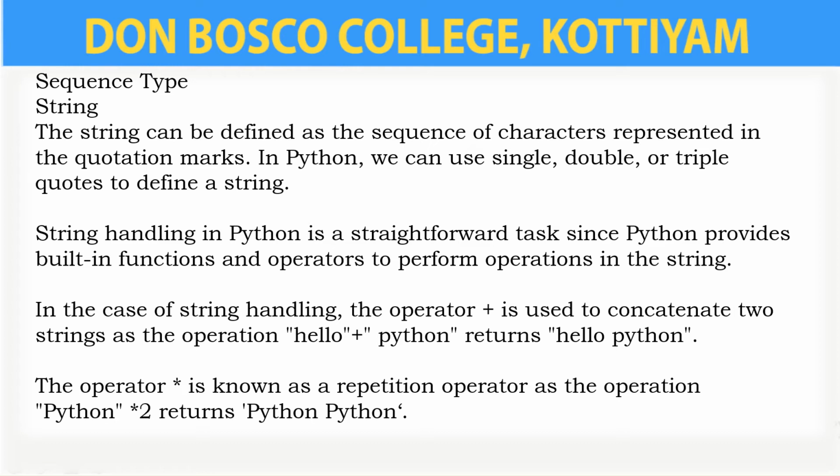In Python, strings are arrays of bytes representing Unicode characters. A string is a collection of one or more characters put in a single quote, double quote, or triple quotes. In Python, there is no character data type. A character is a string of length 1, and it is represented by the str class.